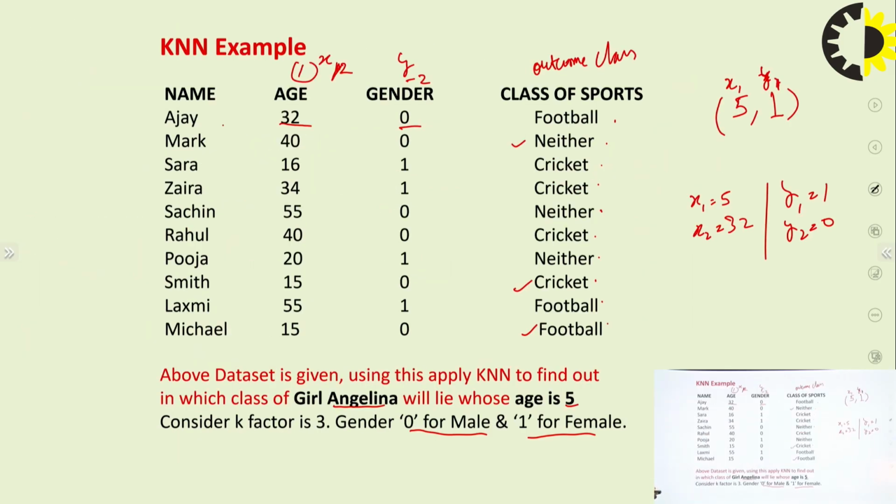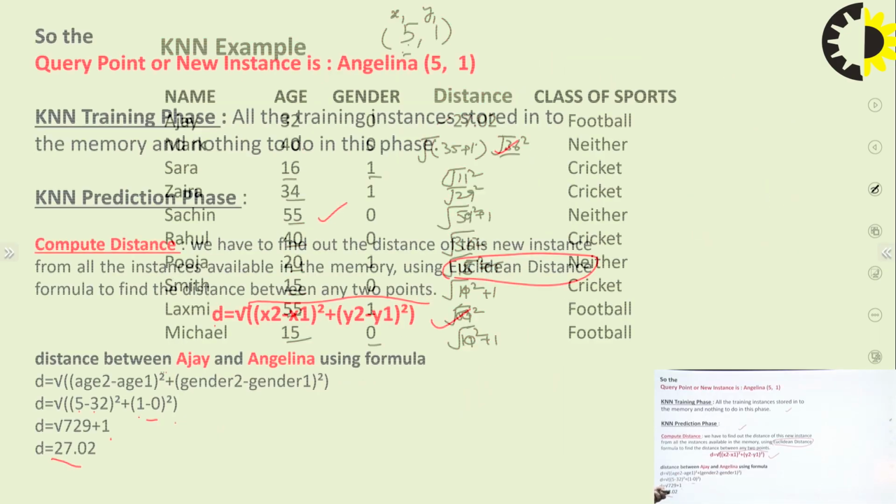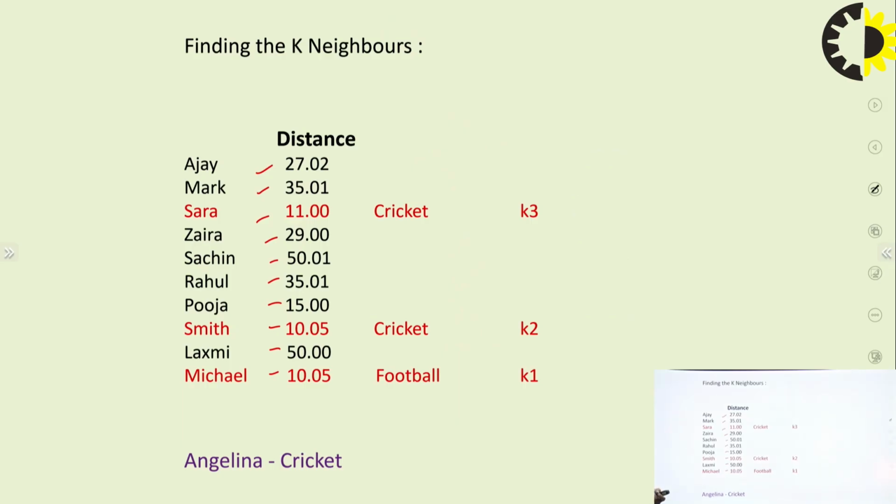So in the given problem, the value of k is equal to 3. So we need to identify the 3 nearest neighbors. If we see, the smallest distance is 10.05, 10.05. These two are common and can be considered as K1 and K2. After that, we are having this 11, which can be considered as K3.